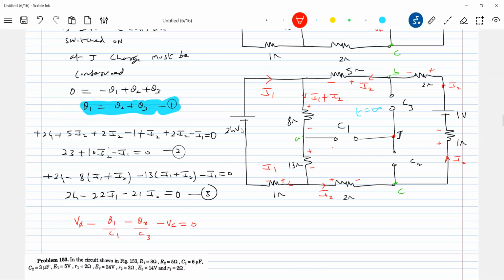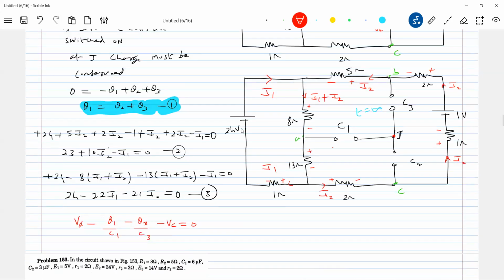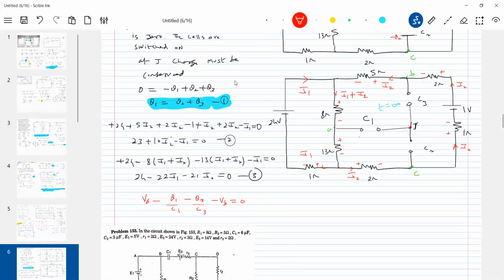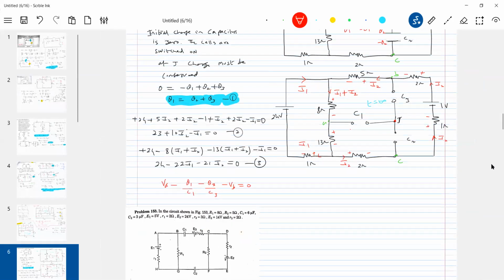How to calculate VAC after getting I1, I2? Again, we have to calculate VAC. How to calculate VAB? I'll make it small so that everything will be visible for you. Now try to see this.